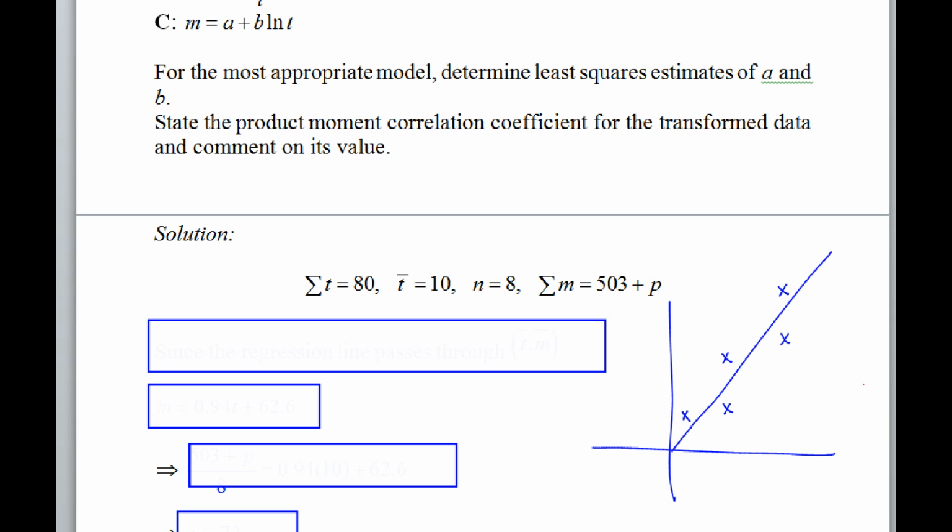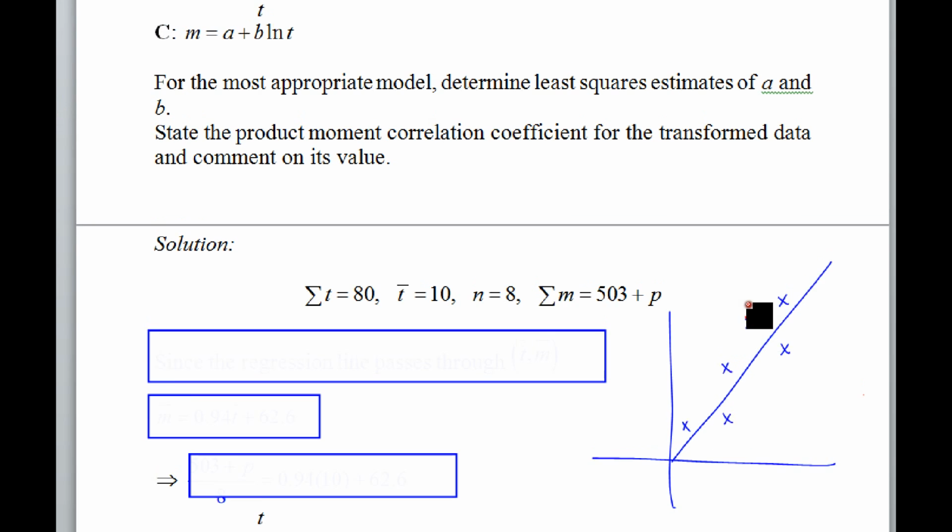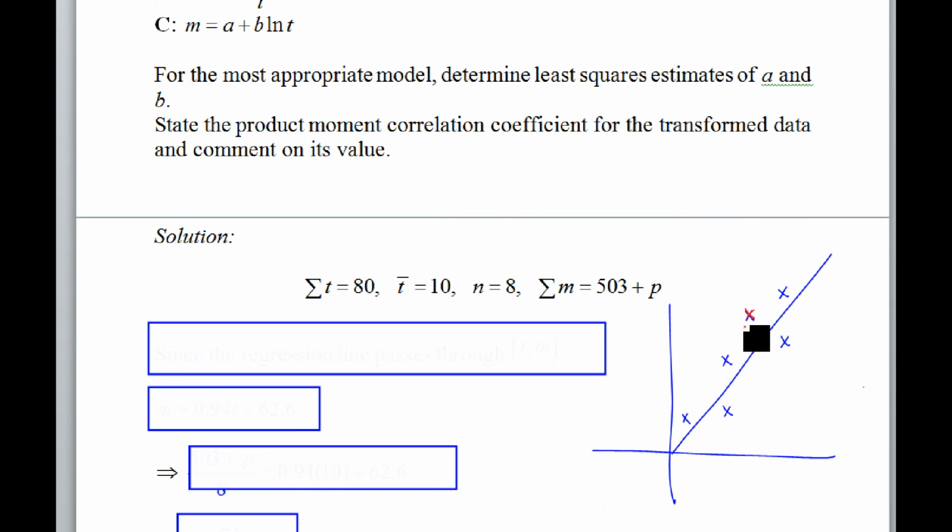Now there is one data point missing, where T is 11.